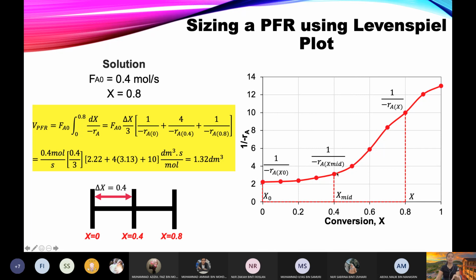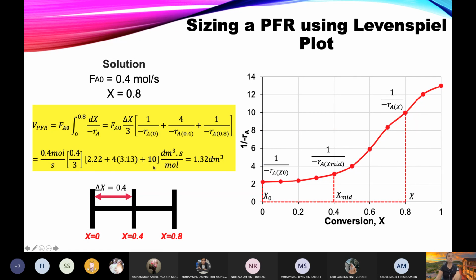So you straight away put 3.13, but don't forget to multiply with 4. In other words, this is actually 4 multiplied with 1 per minus RA at 0.4, which is why you get 4 multiplied with 3.13. Last one, 1 per minus RA at 0.8. When my X is 0.8, 1 per minus RA is 10. So you straight away put 10.